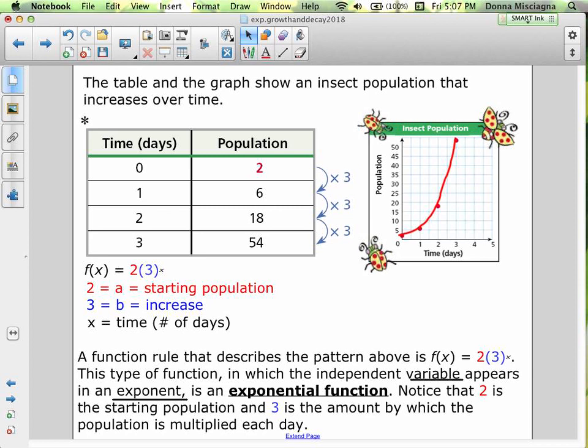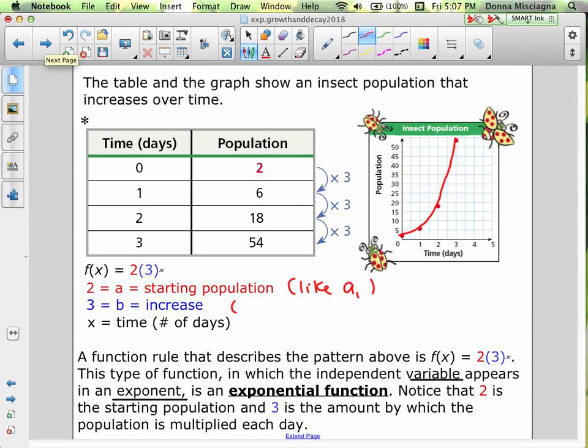It's like our a1 when we were looking at the geometric sequences. It's what we started off with. 3 is b. It's our increase. It's the same as our ratio for the geometric sequence. And instead of having n minus 1, we're just going to have whatever the number of days is.